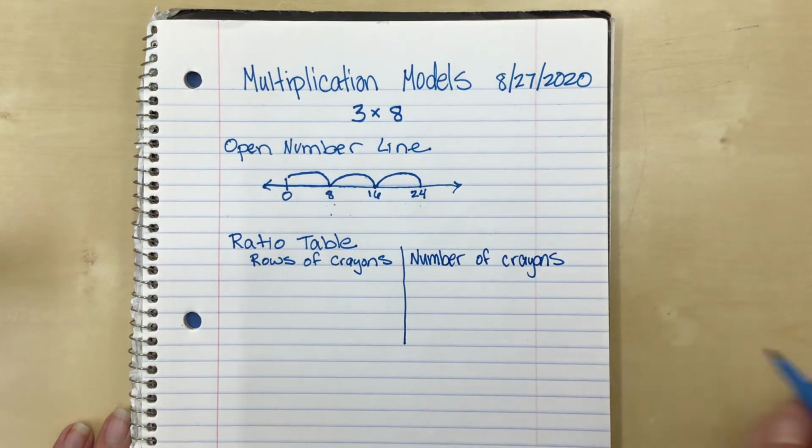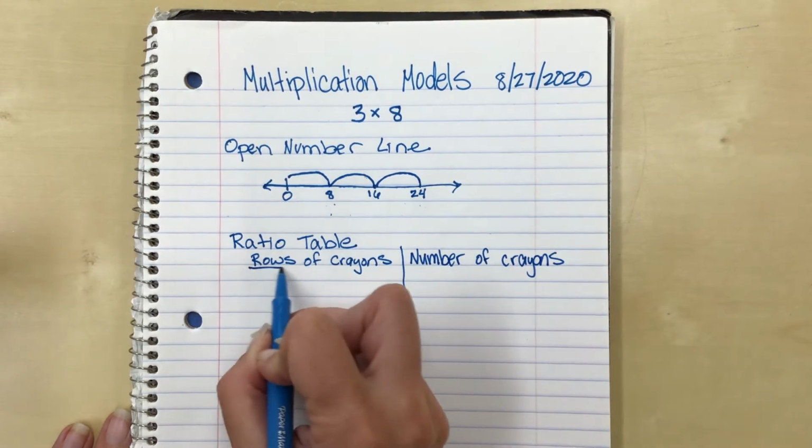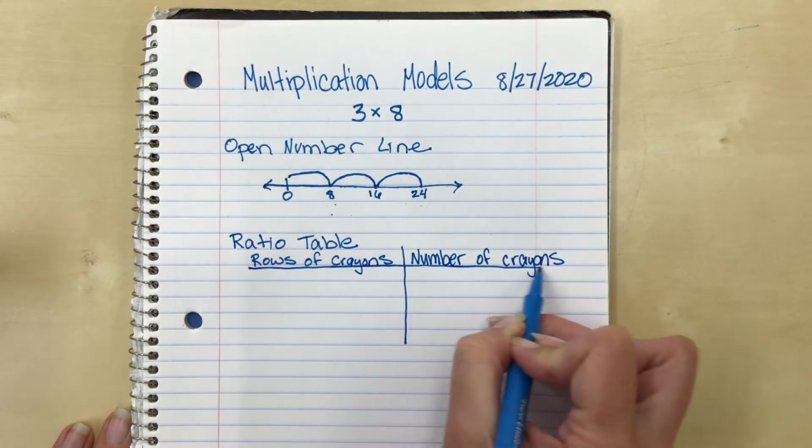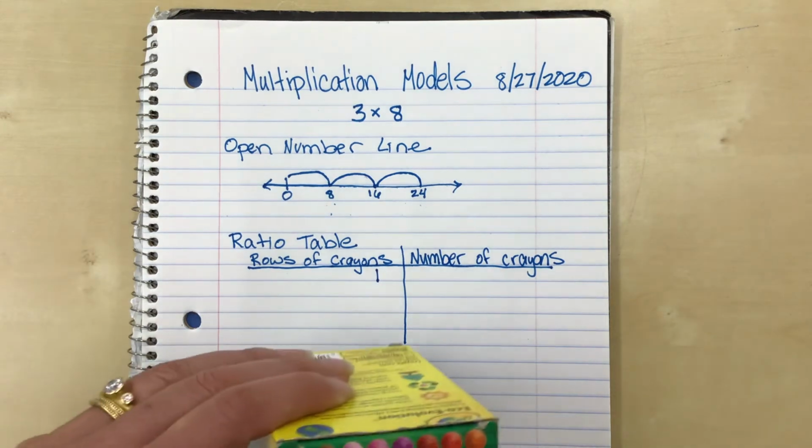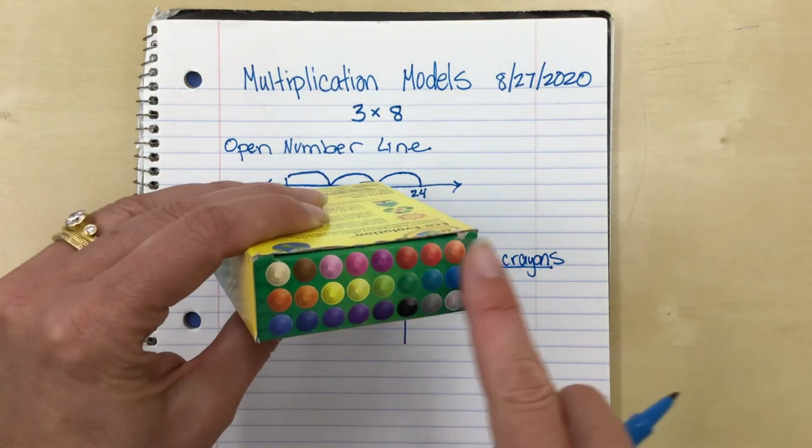We know that in one row there were 8 crayons, right? 8 crayons in the first row here.